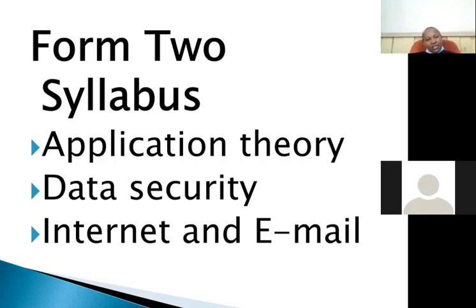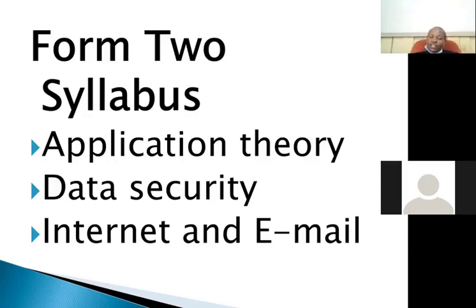Another application question that can be tested can also come from spreadsheets. With spreadsheets, there's a lot that you need to understand as a candidate.